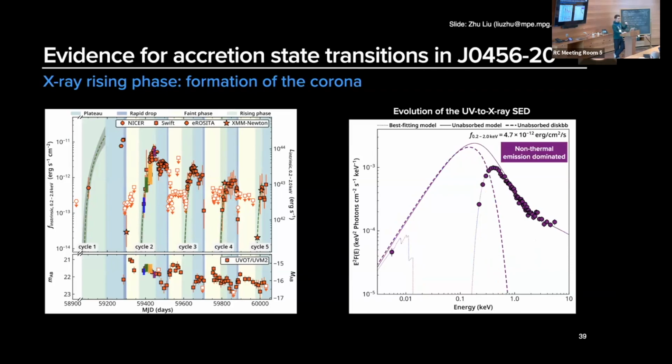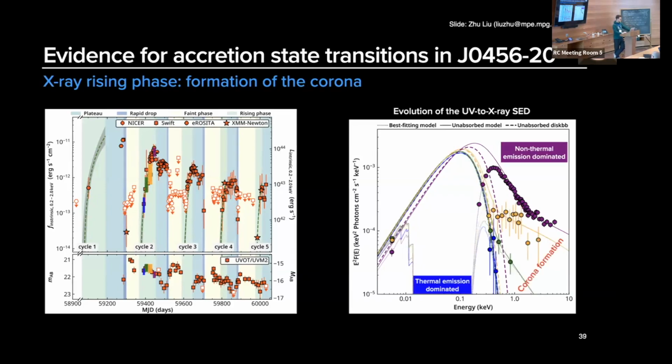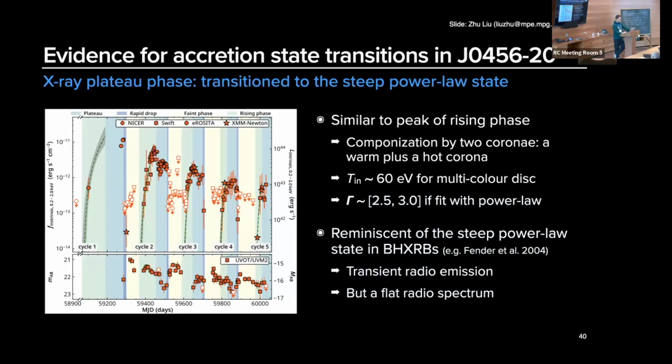By the time you get to each peak, the X-ray emission is non-thermal emission dominated. And so this whole brightening phase potentially corresponds to formation of a corona in the system. By the time you get to the peak of the rising phase, you have a two-temperature corona, so you have a warmer one plus a hotter component.